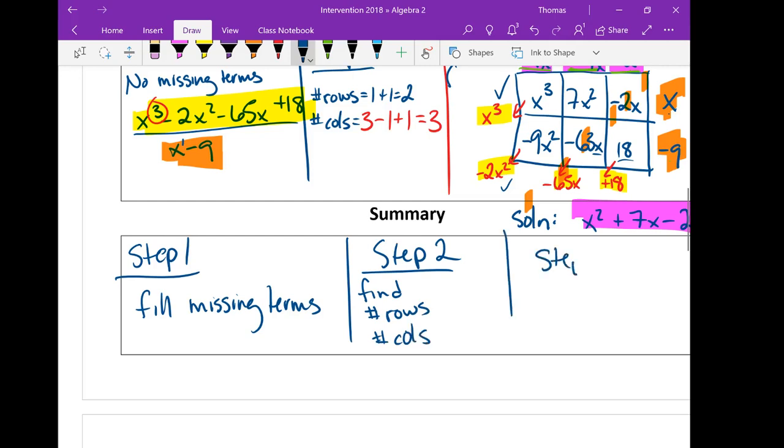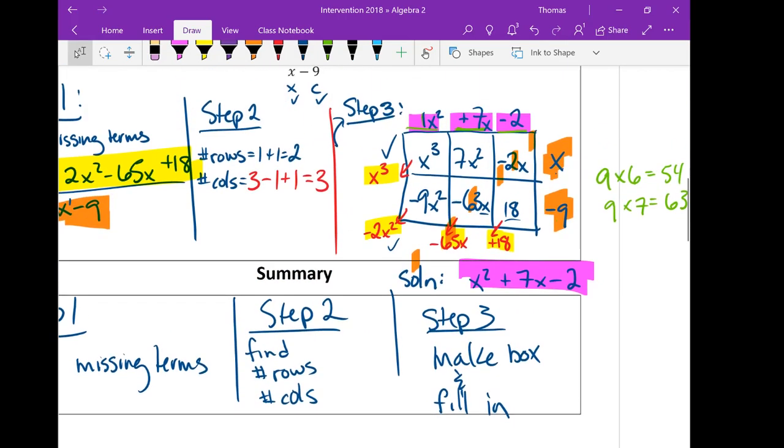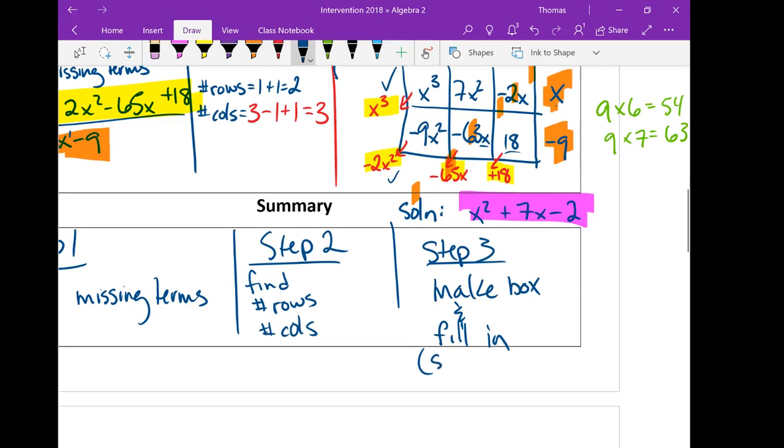And then step 3, make the box and fill in. And just remember that the tops of these columns is our solution in the end. Solution is on the top. Okay.